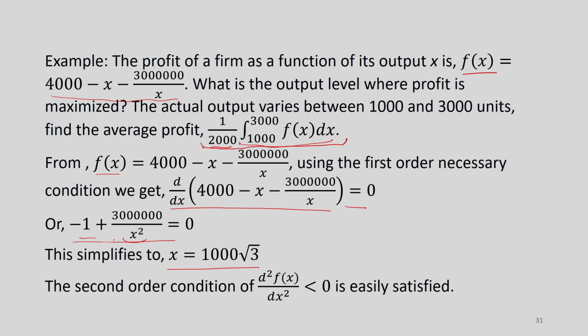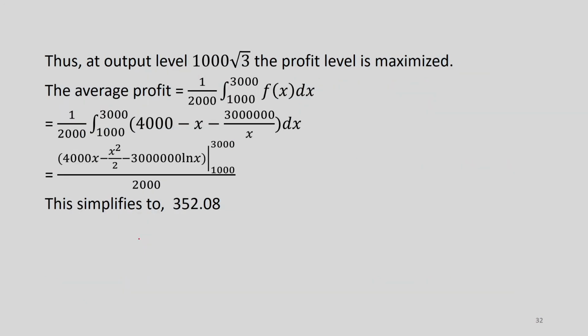For that, I take the second derivative of the profit function, and this comes out to be clearly negative, because here the power of x is minus 2. So, minus 2 will come first, and so the second order condition is satisfied because the second derivative is negative. So, this indeed is the profit maximizing output level. So, the first part is solved.